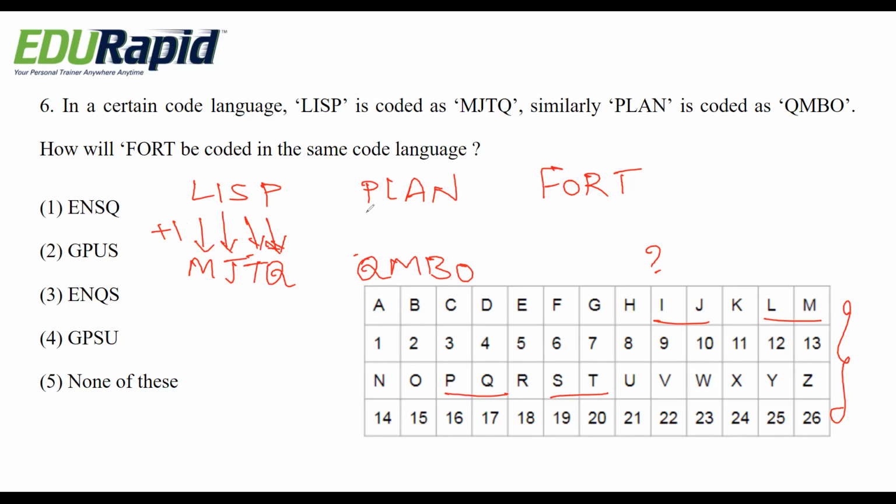So let me check with the second one. After P it is Q, after L it is M, after A it is B, and after N it is O. So here it is very simple.